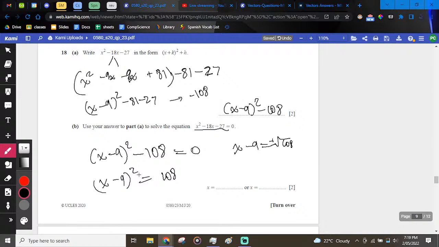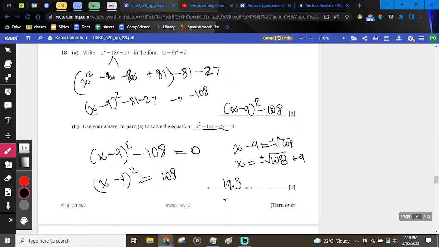Therefore, x equals plus or minus the square root of 108, plus 9. Which gives me 19.3 for the positive one. Positive value of the square root of 108.